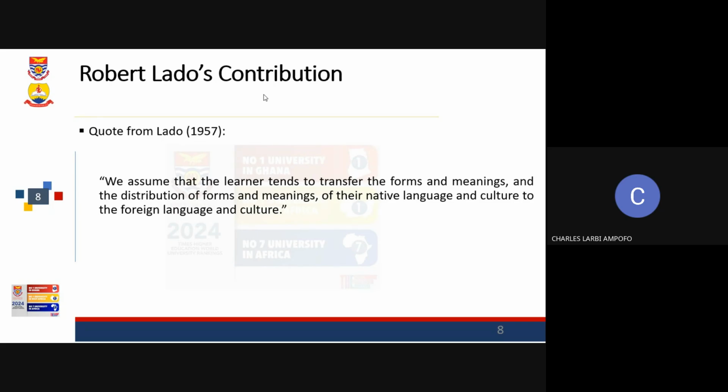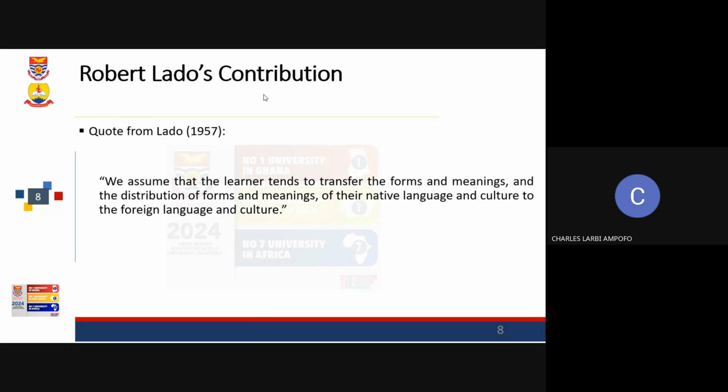What does this mean? Let me use the example of a Ga speaker learning English. What it means is that Robert Lado and his people are saying that that person will transfer certain forms in Ga, certain meanings in Ga, certain distributions of forms and meanings in Ga to the English language.